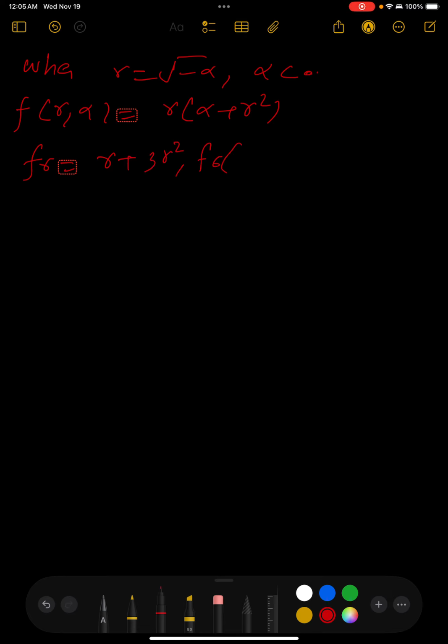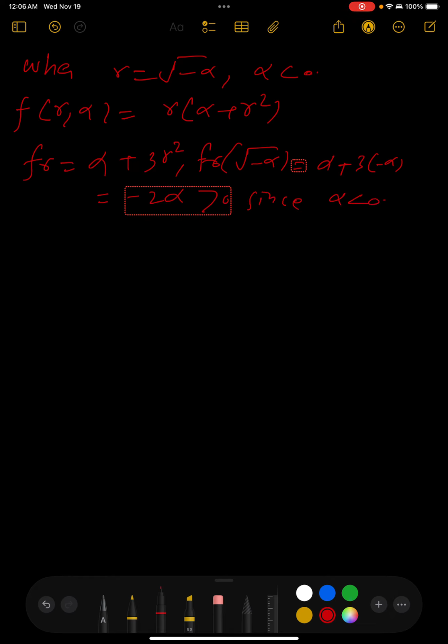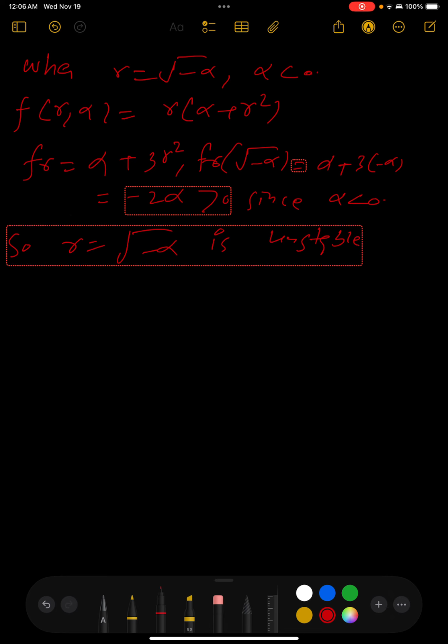So what is f prime at r equal to the square root of minus alpha? Sorry, it is alpha plus 3 times minus alpha, which is minus 2 alpha, which is positive since alpha is less than 0. So r equal to the square root of minus alpha is an unstable limit cycle.